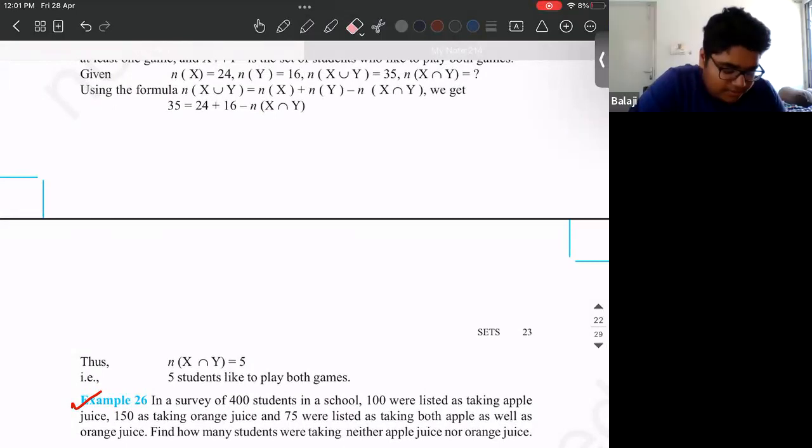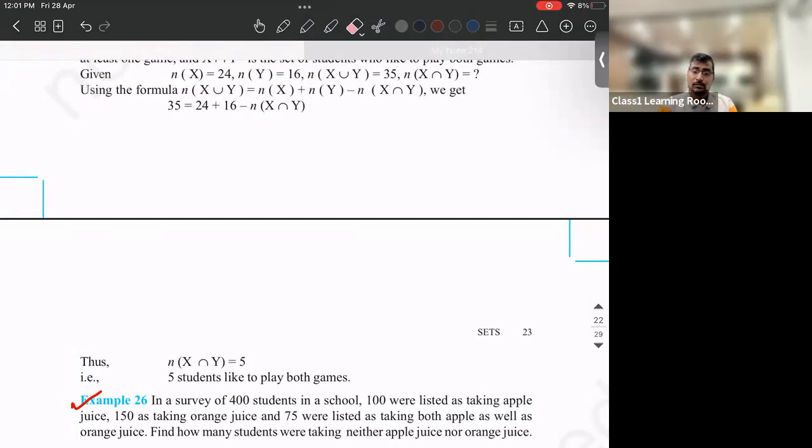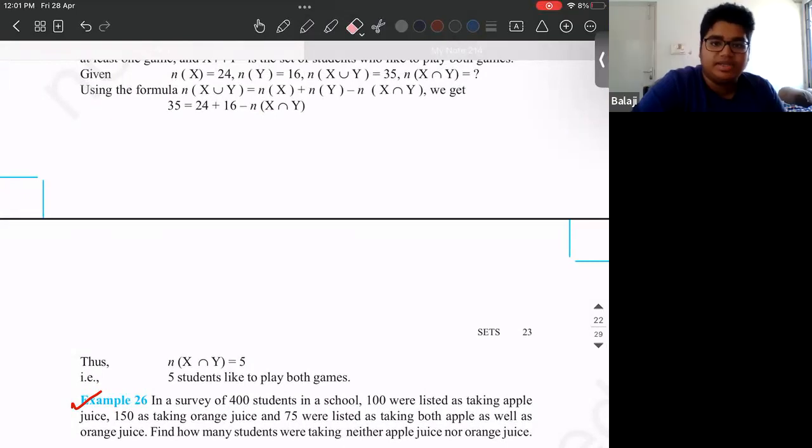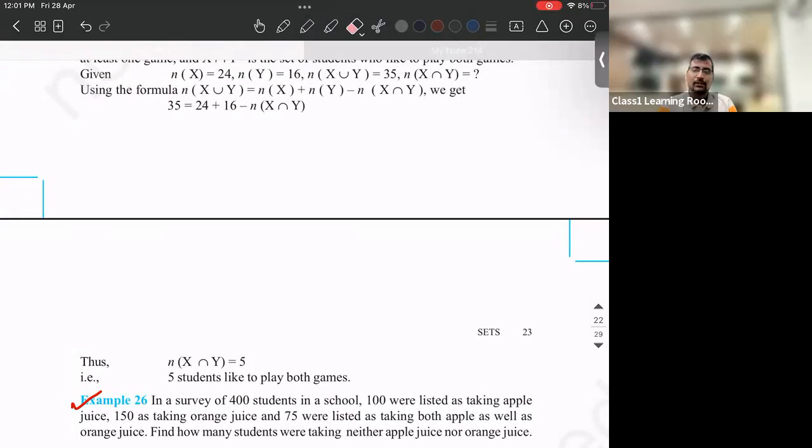So neither apple juice nor orange juice means complement of A union O. They told neither, so it is complement. It is a negation, a negative statement.